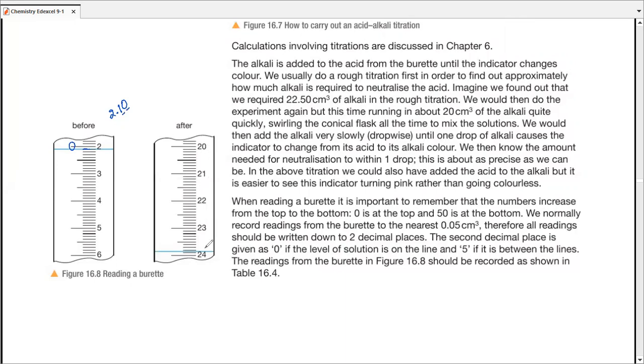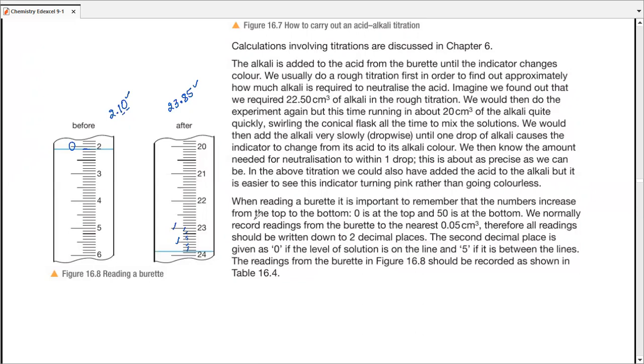In the after reading, if you see, this is 23, this one is 23, so 1, 2, 3, 4, and this line is 5, 6, 7, 8, and it is in between 8 and 9, so it's 23.8, and since it's in between, remember to use 0 or 5 as your second decimal point value and know the numbers.